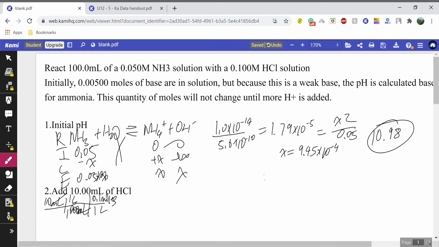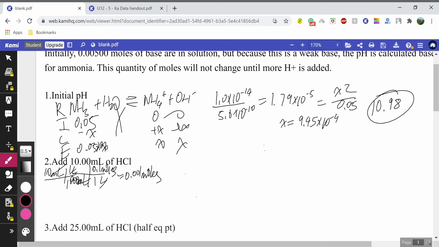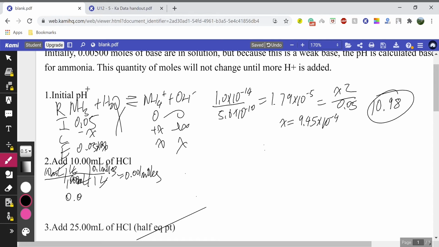Milliliters and milliliters cancel out, since every 1,000 milliliters is 1 liter, and liter will cancel out, leaving us with moles. So this means we have 10 times 0.1 divided by 1,000, which gives us 0.001 moles. And it told us how many moles we have already, so we don't need to solve for that: 0.005 moles of NH3.